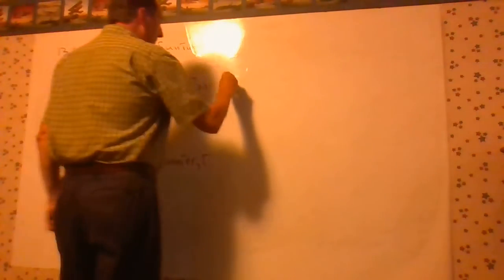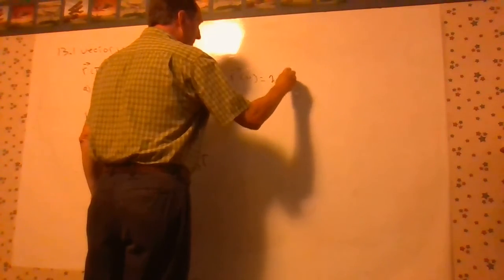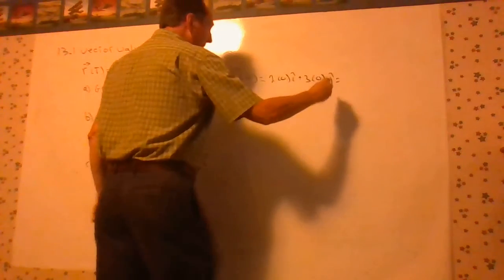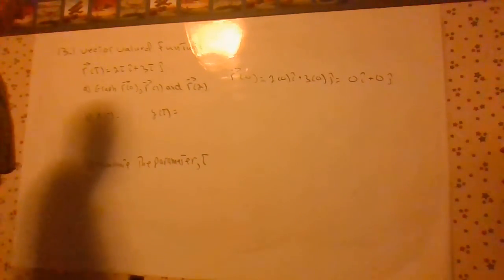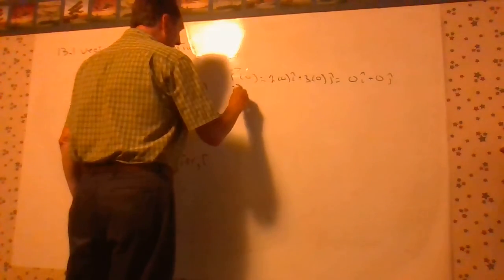Fairly simple. R of 0, have to plug in 0 for t, and so we get 2 times 0i plus 3 times 0j. We get 0i plus 0j. That's really just the origin. And let's calculate these two before we do a graph.